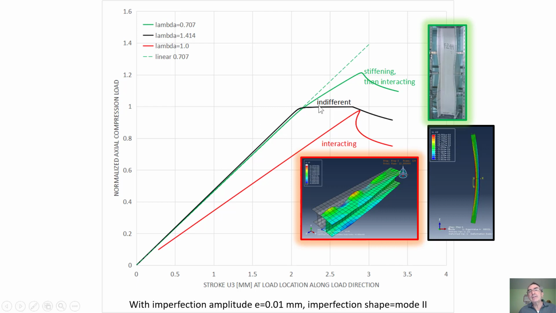But not for long. As this plot shows, we go on this stiffening curve. It's called stiffening because at least it's more than indifferent. It's something going up, not as much as originally, but something going up. But eventually it's going to catch the interaction and it's going to interact. And when it interacts, things get ugly because the load drops suddenly, and it may drop a lot. All right, so that's for a short column.